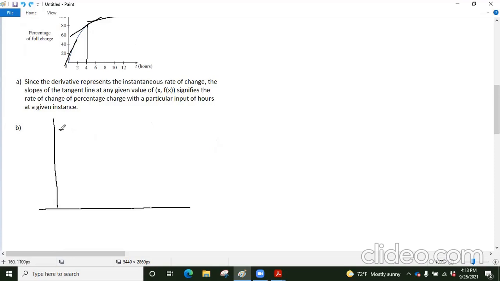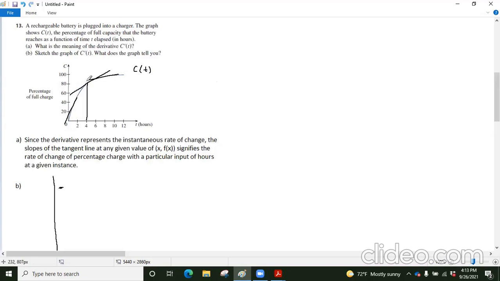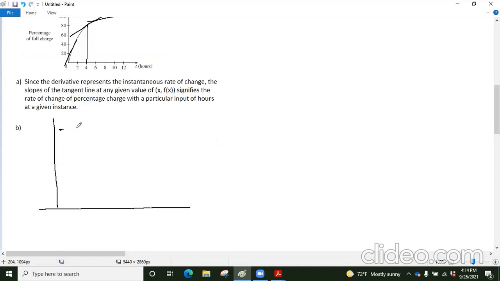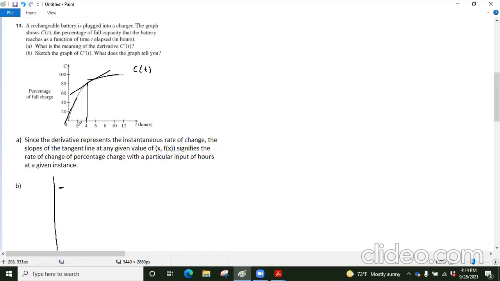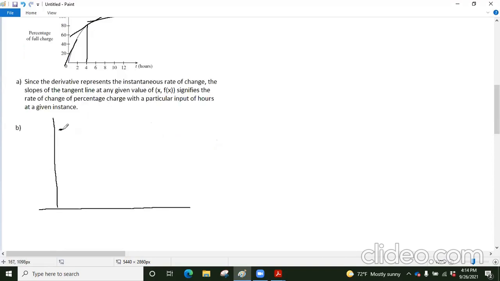As you continue, the positivity decreases because the slopes of the tangent line decrease in the sense that they're less steep as the graph moves forward. And being less steep implies lesser positivity, if that makes sense. So that positivity gradually decreases and then gets closer to zero. And so this would be the graph of C prime of t.